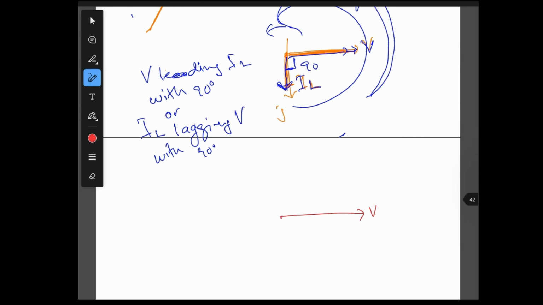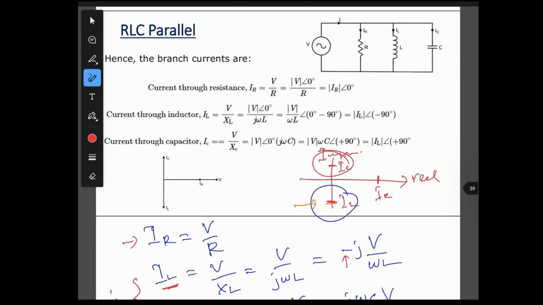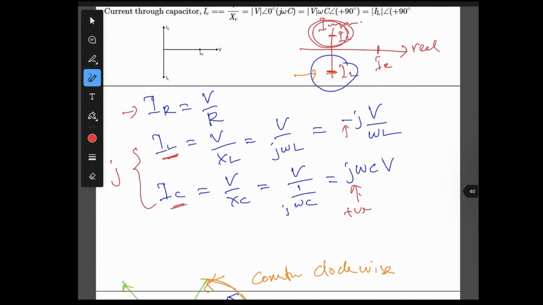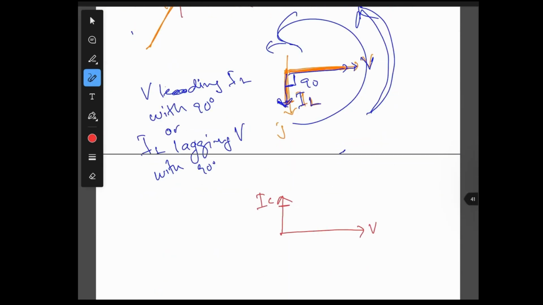IC is here, at this axis. The positive J, positive imaginary. So on the imaginary positive, real positive. Okay, this is 90 degrees.